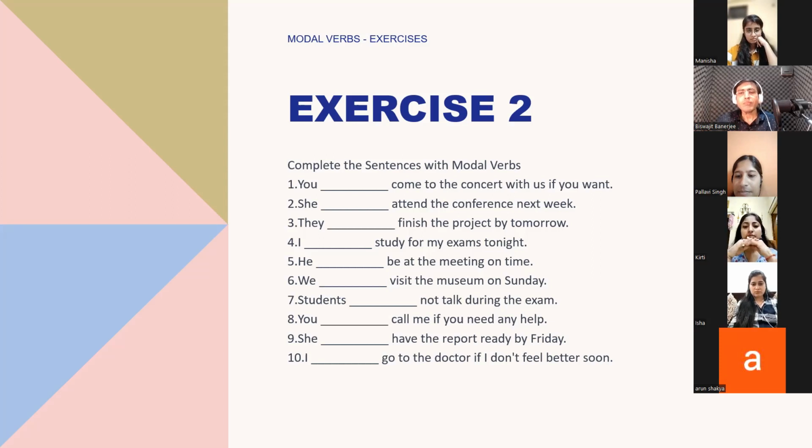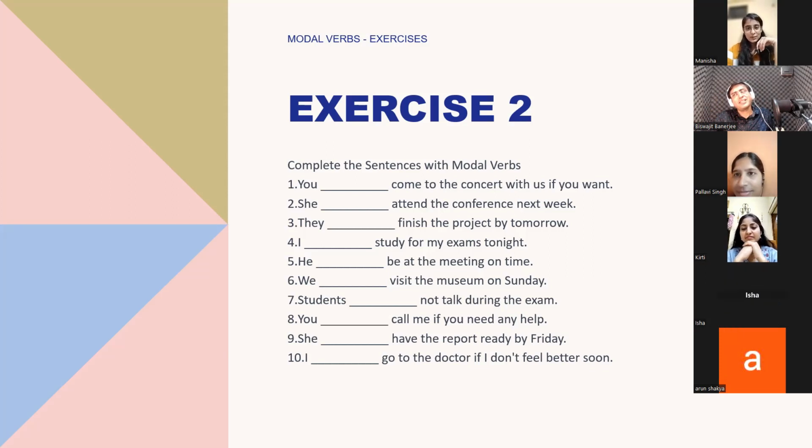Pallavi. Manisha. She dash attend the conference next week. According to me, multiple answers are possible, like can, will, would, may, or should. She can attend the conference next week.